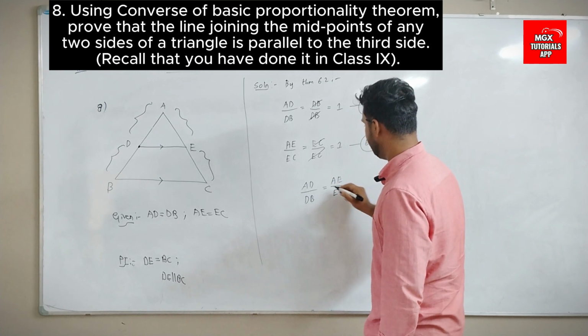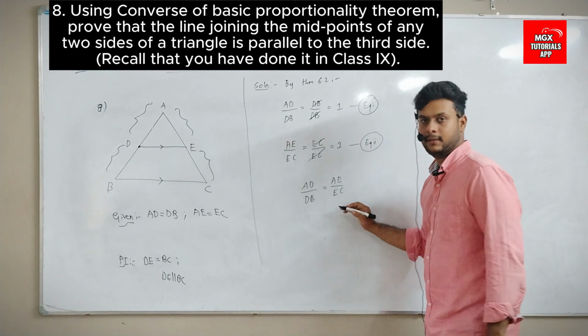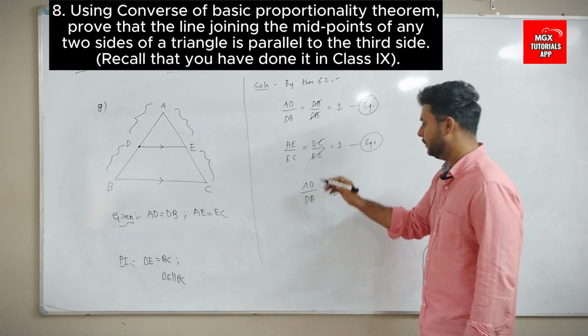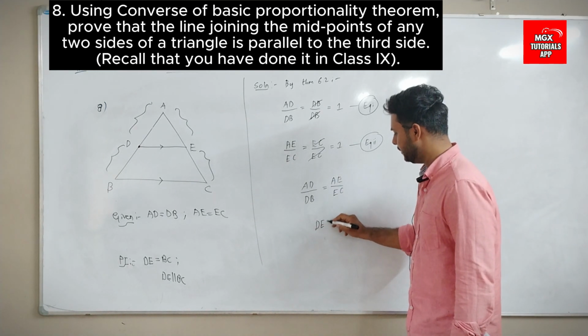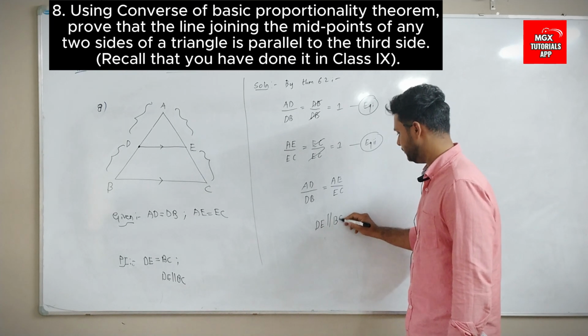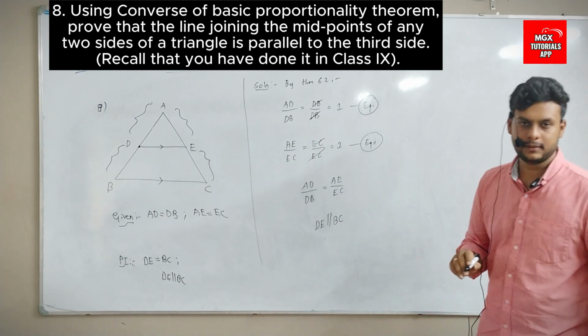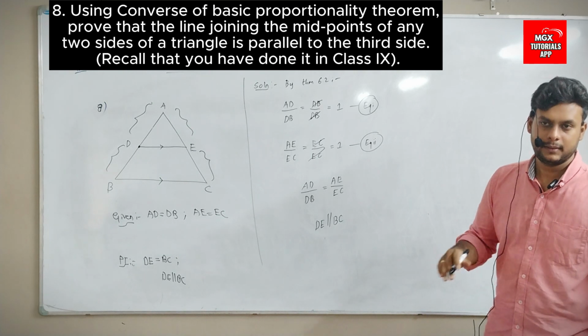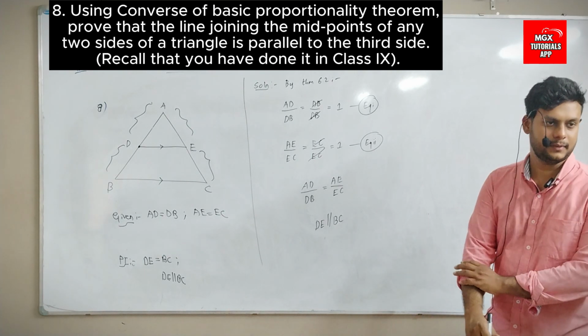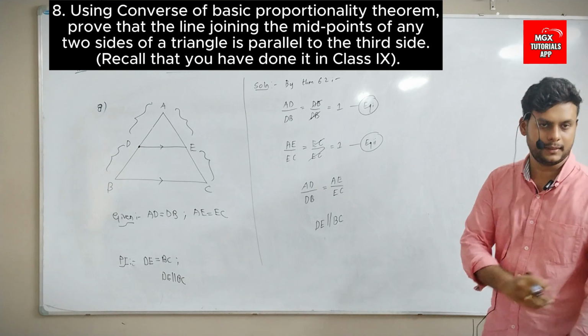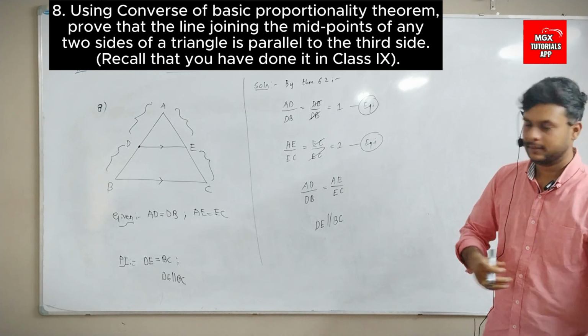If AD by DB is equal to AE by EC, then can I write DE is parallel to BC? Same like the theorem 6.2 proof. Any doubts till here? Okay.